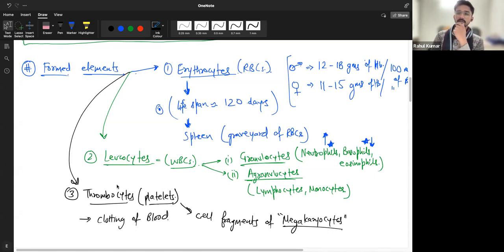So what's the problem with having a nucleus inside? Is it a space problem? Not likely, right? Because it's not like you have to fill the hemoglobin and the oxygen inside the RBC, so you remove the nucleus. Do you understand why?